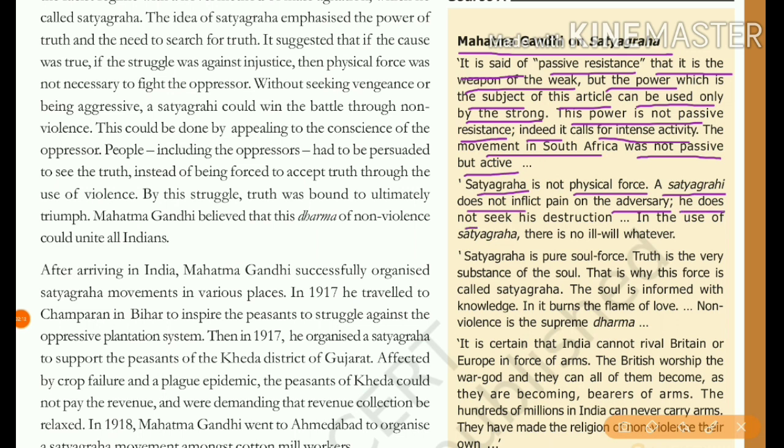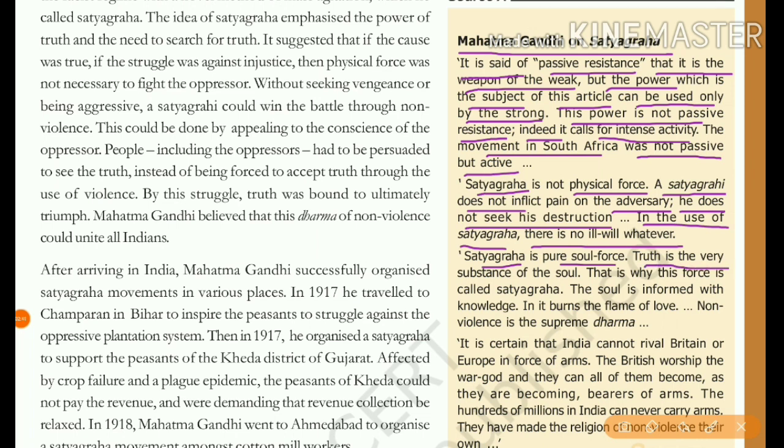He does not seek his destruction. That satyagrahi does not seek any action to destroy that particular person, that particular enemy or opponent. In the use of satyagraha, there is no ill will whatever. Satyagraha is pure soul force.